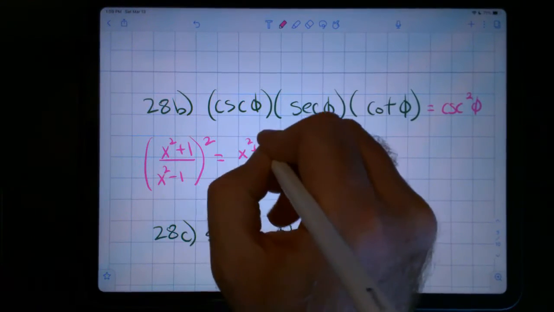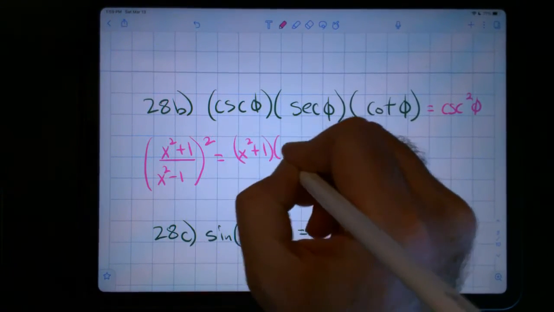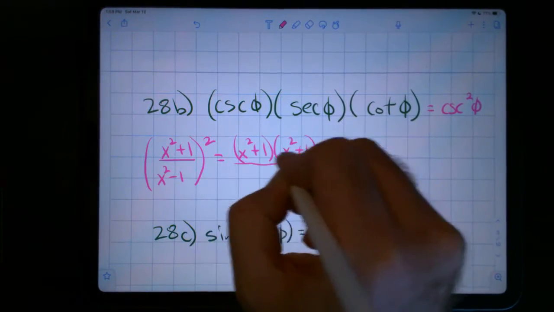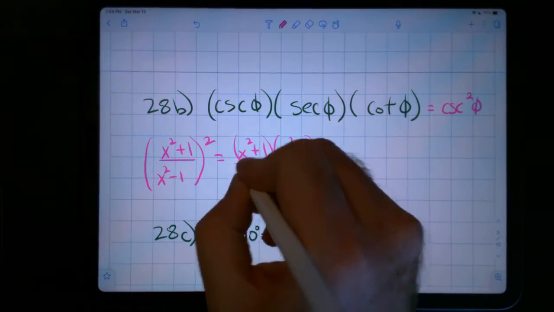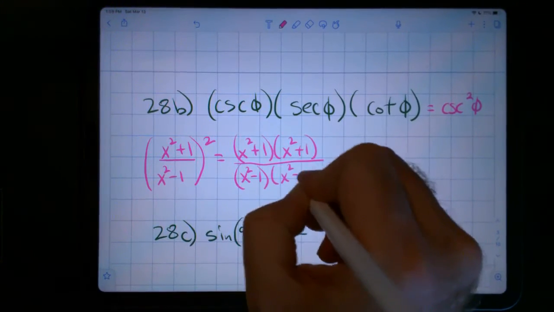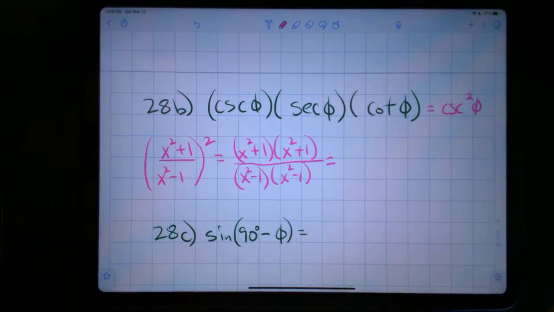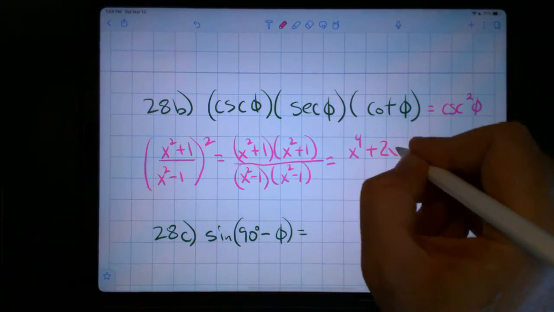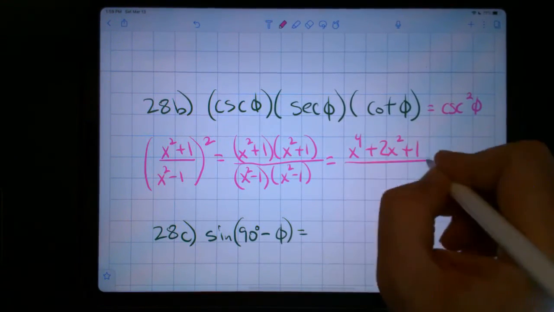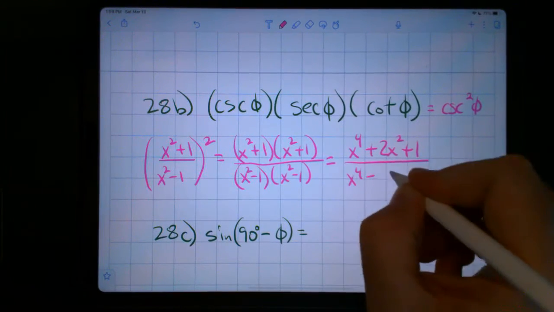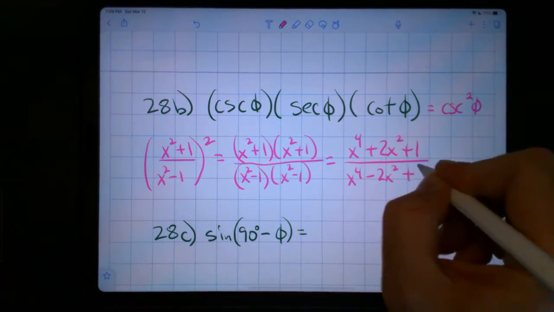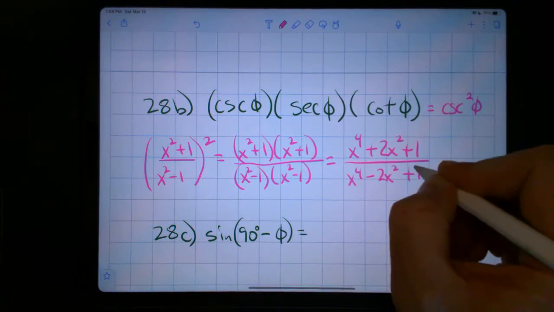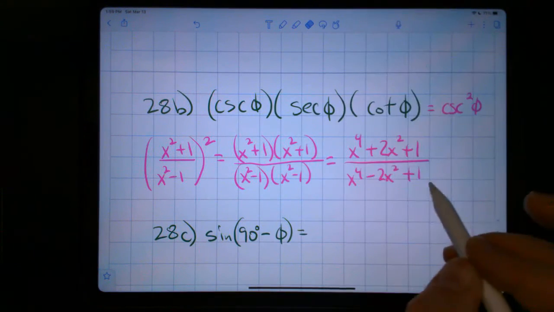It's the numerator times itself over the denominator times itself. So that when you FOIL the numerator, we have, and the denominator, and as much as this looks like you would like to factor it, this does not factor.